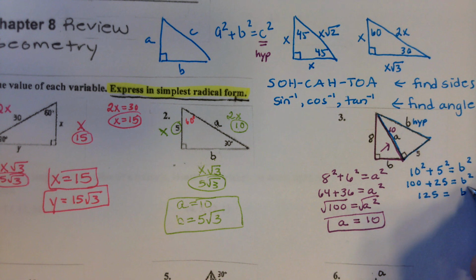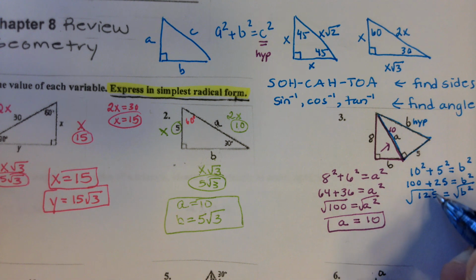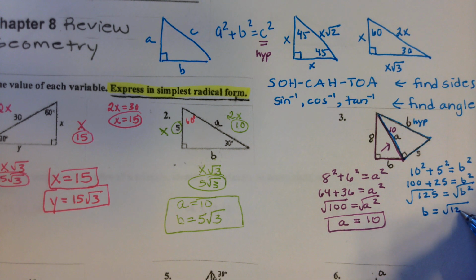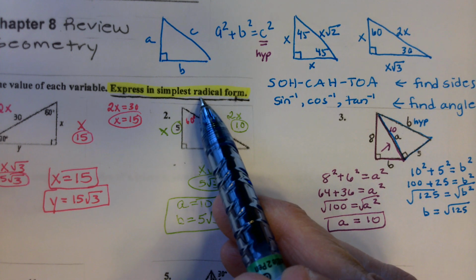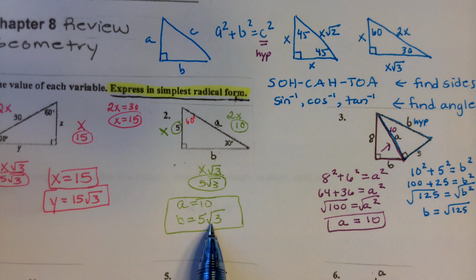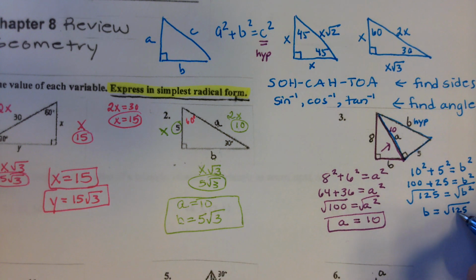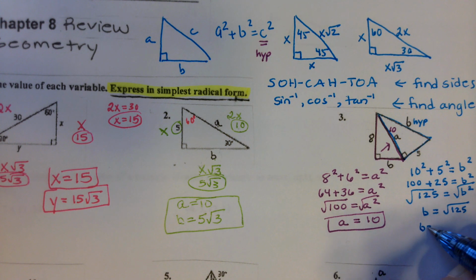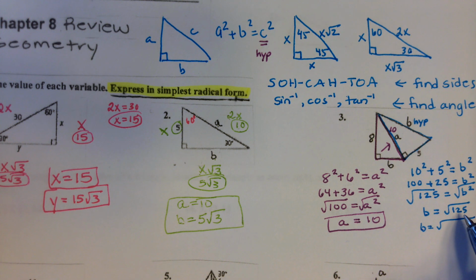125 equals B squared. I'm now going to square root both sides, and I'm going to flip it so I have my variable on the left. So I have the square root of 125. I have to get it in simple radical form. I'm trying to think of a perfect square now.